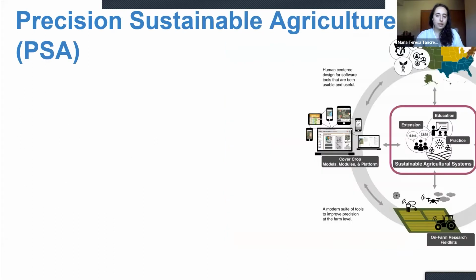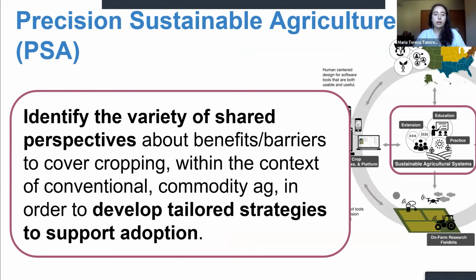So as Jen just mentioned, we're part of the social science team in PSA, and the goal of our group at UGA is to identify the variety of shared perspectives about the benefits and barriers to cover cropping within the context of conventional commodity ag, in order to develop tailored strategies to support adoption.